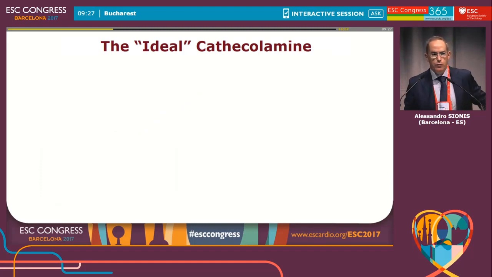So what we would really like to do with our patient, if my patient is congestive and has hypoperfusion, is to have a drug, a catecholamine, able to address these two problems.